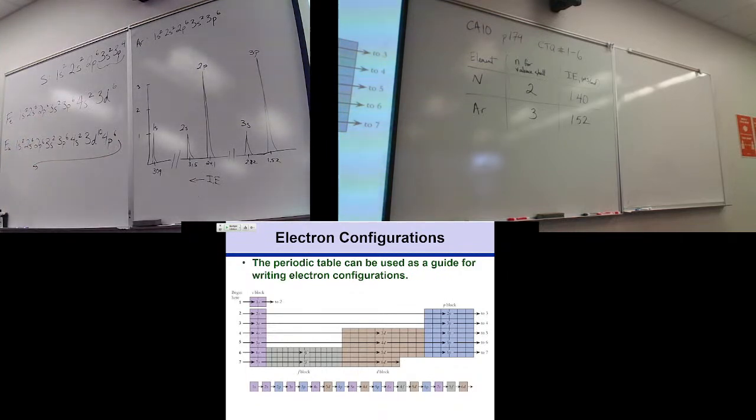After that is 5s2, then 4. Remember, drop down 1 for D's, 4d10, 5p6. Oh my god, alright, then it's period 6. 6s2. Now this is where I don't really like this periodic table, but this actually should be here.